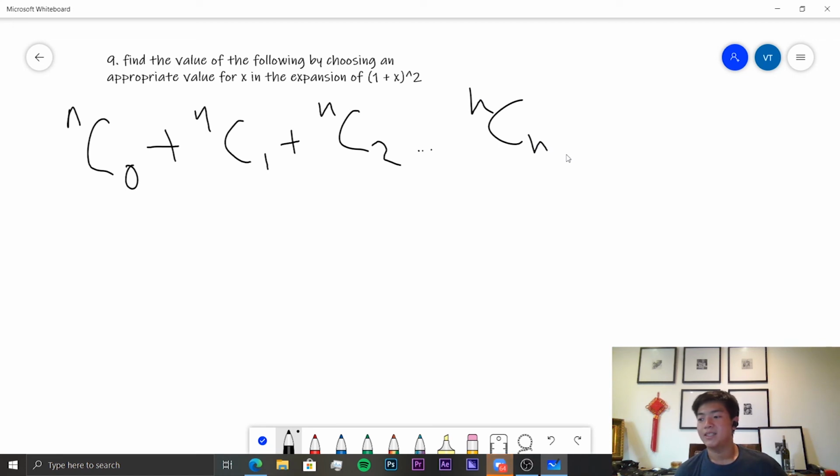The question is, what would be the binomial? And the binomial in this case is just 1 to the n. Oh wait, is it? No, it's not. Let's see.